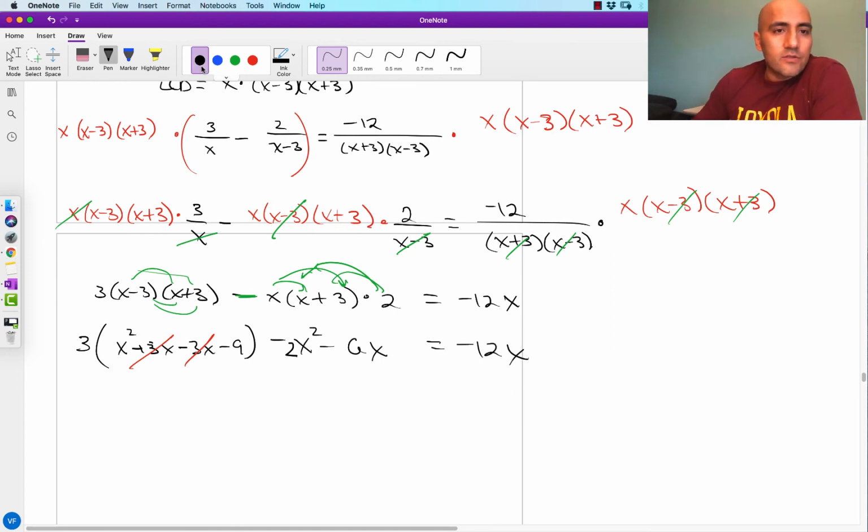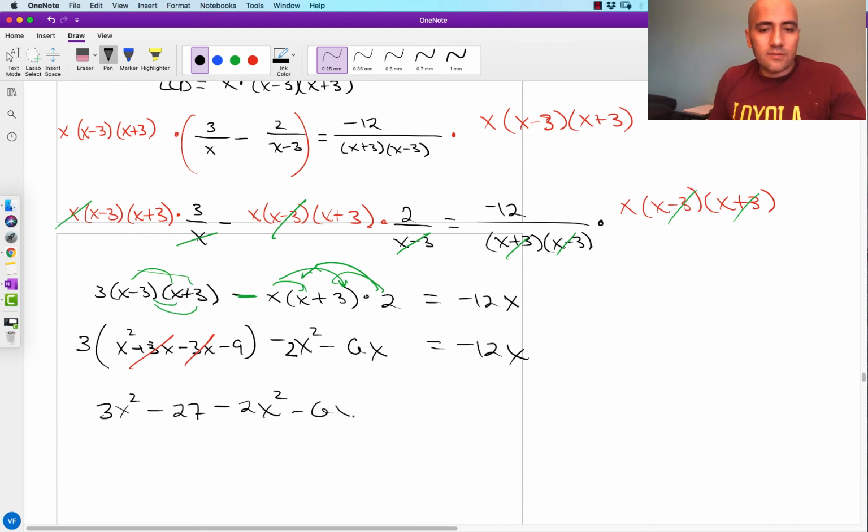Again, continuing to distribute this 3, we end up with 3x squared minus 27 minus 2x squared minus 6x. And I'm going to go ahead and bring this over to this side, so I'll end up with a plus 12x equals 0. And then combining like terms, I'll end up with just one copy of x squared.